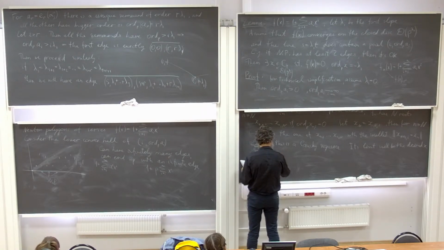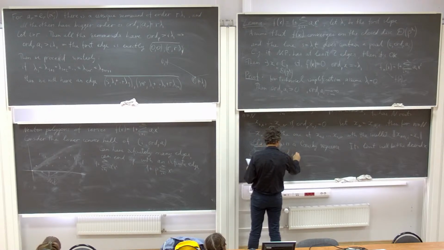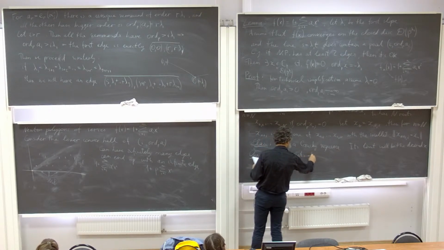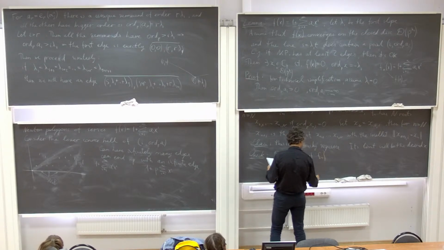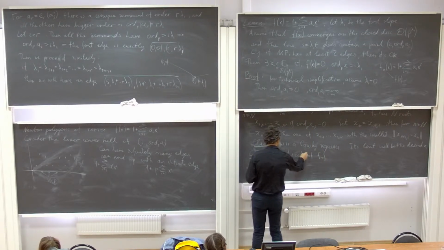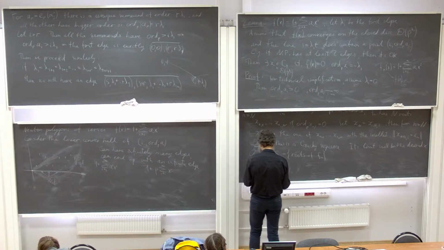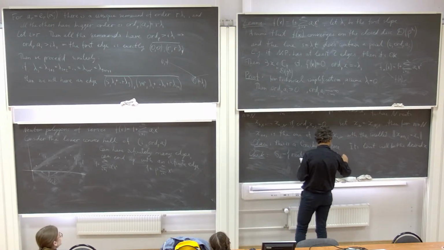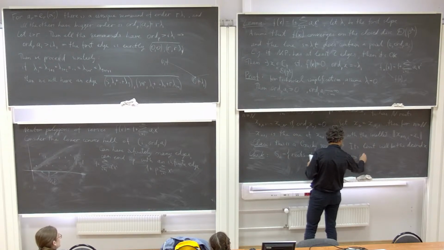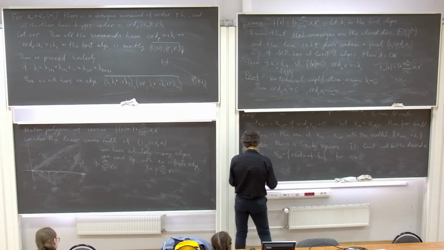So S_n is the set of all roots of F_n, the truncated series polynomial. Then what do we know for small n bigger than capital N?